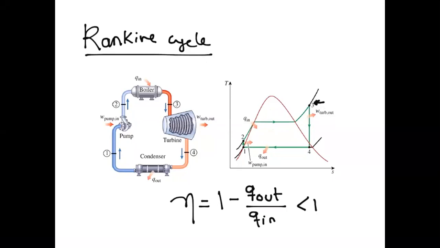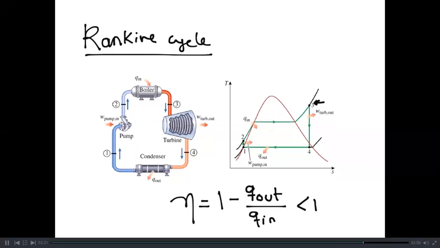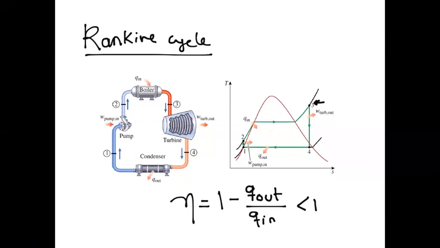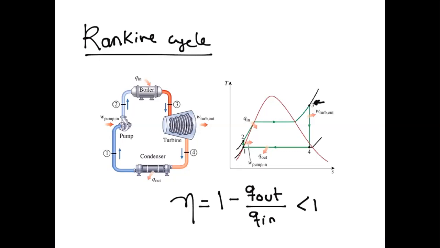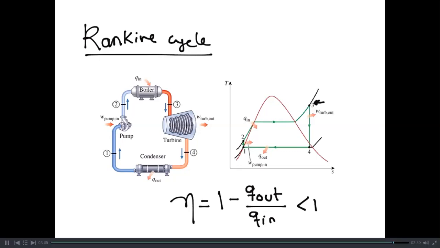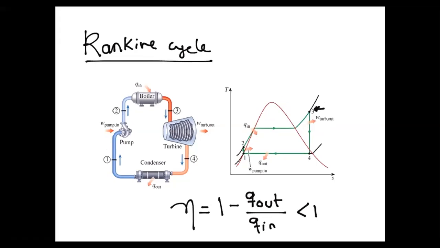So the Rankine cycle proposes a change to the Carnot cycle, which might produce a little bit more work, although its efficiency is lower than Carnot, but it has a more practical way of doing this. This is ideal, and we're going to discuss later on other deviations of the Rankine cycle.